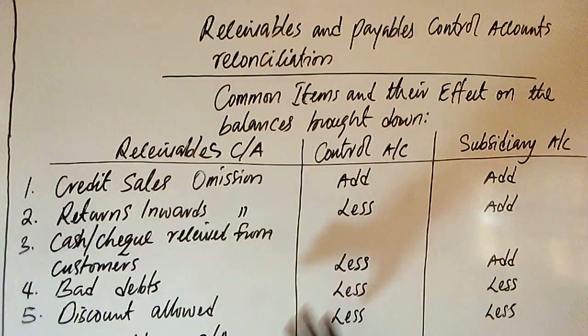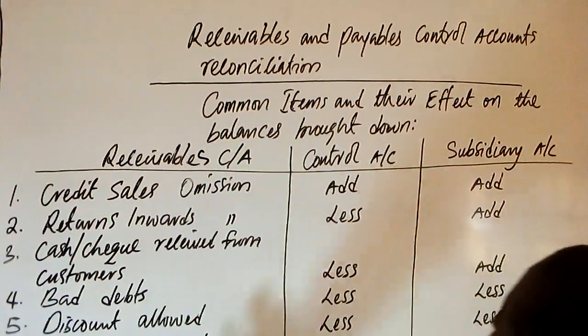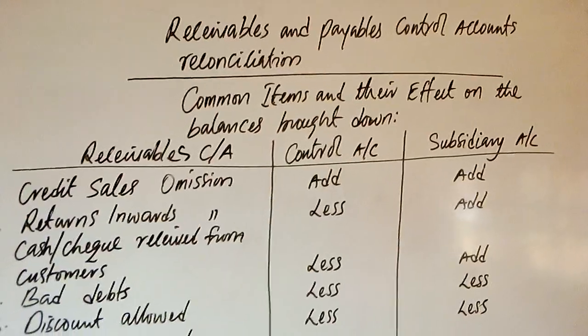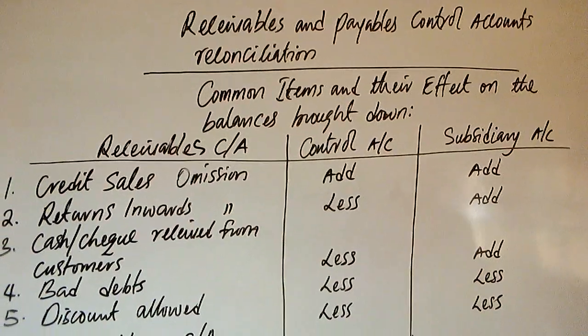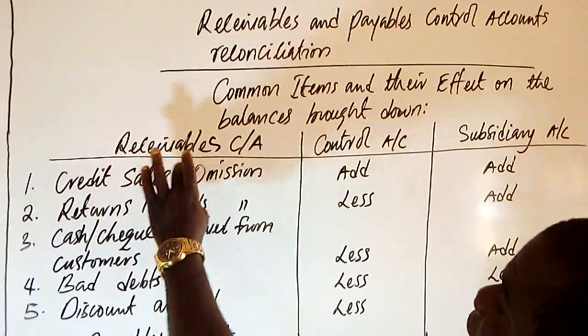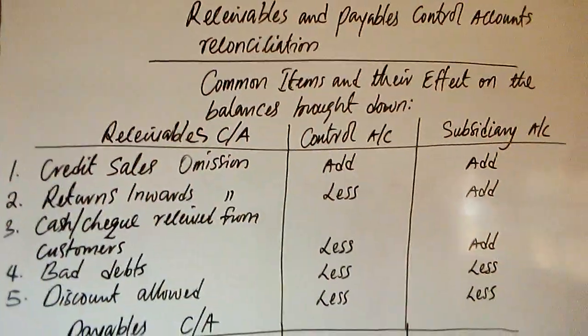So let's look at how such items should be treated, whether they should be added or deducted if such a situation occurs. First, let's look at credit sales omission.